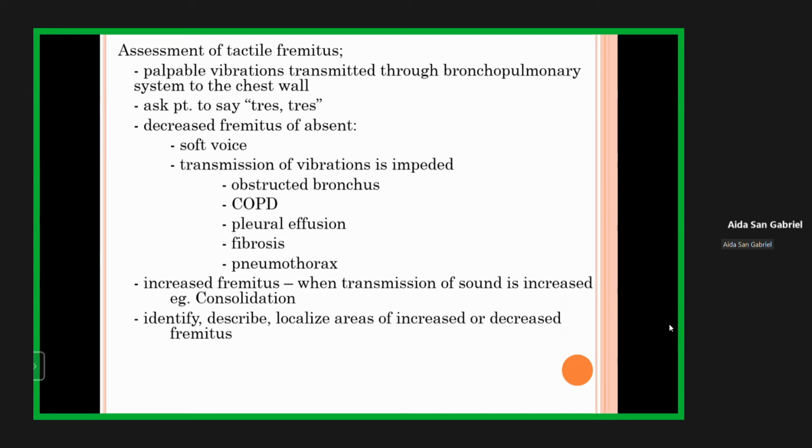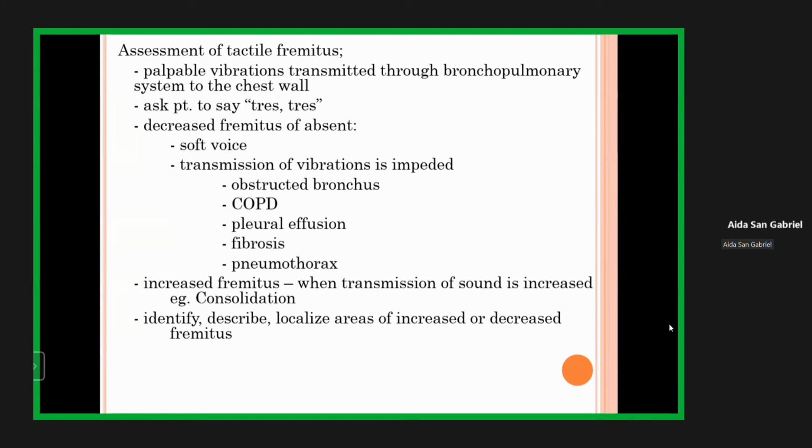Decreased or absent fremitus can be due to the following. Either your patient is speaking softly, so you ask your patient to speak a little bit louder. Another is transmission of vibrations impeded by an obstructed bronchus, either by a foreign body or secretions.